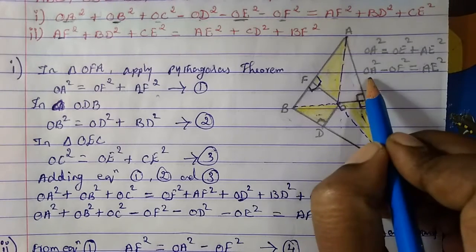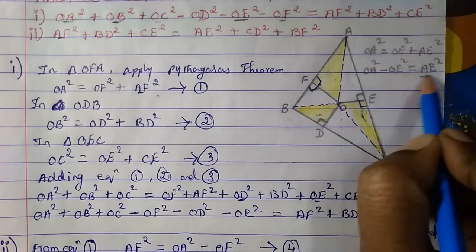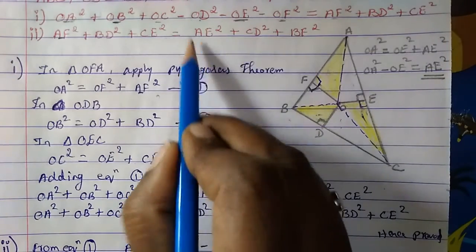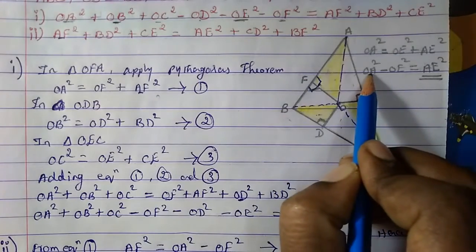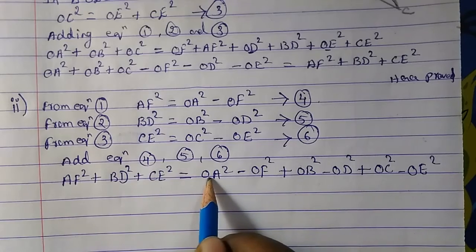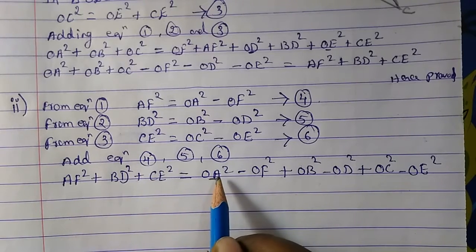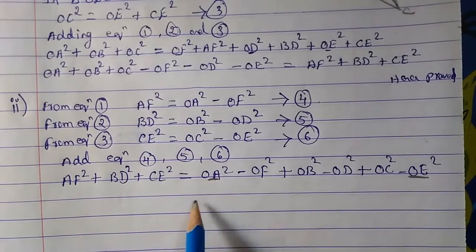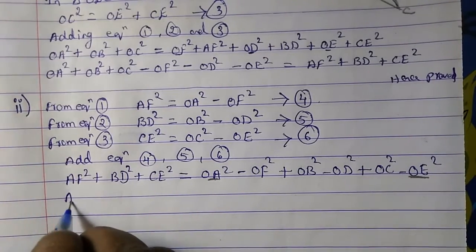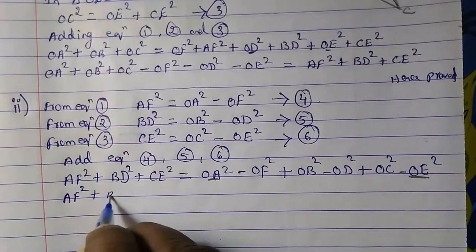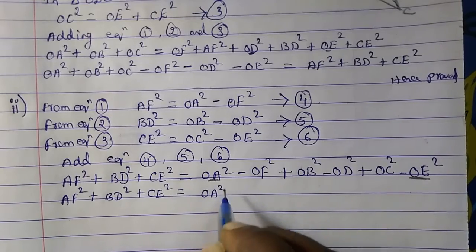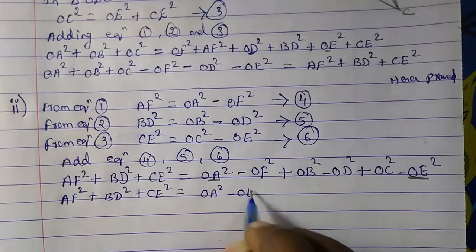So OA square minus OE square gives us AE square, which is what we want. So OA square we have, then OE also we have here. You can write these down here, or write directly, there is no problem. So CE square equal to OA square minus OE square.